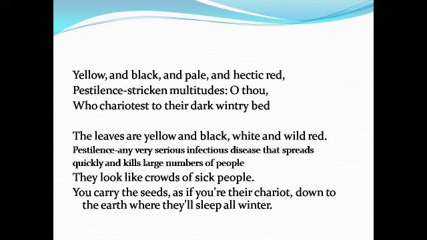Here the leaves are compared to the crowd of sick people. Yellow, black, and pale and hectic red are the colors of the leaves. They look like crowds of sick people.